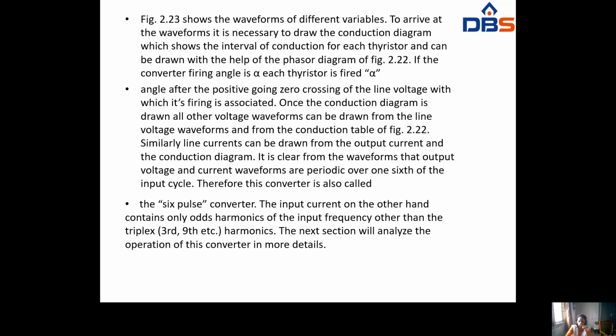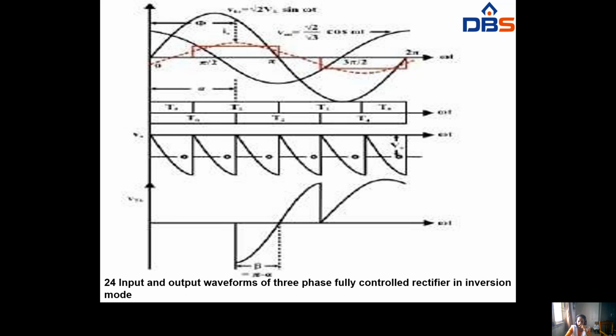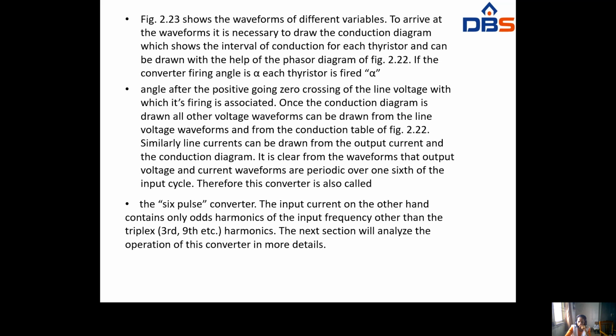It can be drawn with the help of the phasor diagram if the firing angle of each thyristor is given. Once the conduction diagram is done, all other voltage waveforms can be drawn from the line voltage waveform and the conduction table. Similarly, the line current and output current can be drawn.